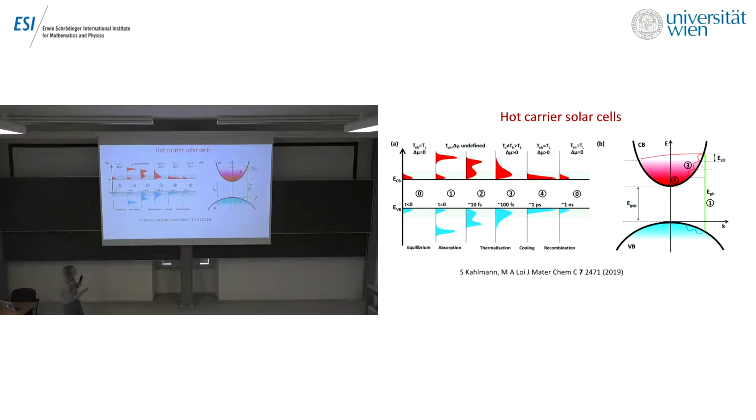And you see, nicely, this is Maria Loi, who's an experimentalist in Groningen, and they produced this very nice review showing how the energy distribution of the carriers, the electrons and holes, evolves with time as they cool.